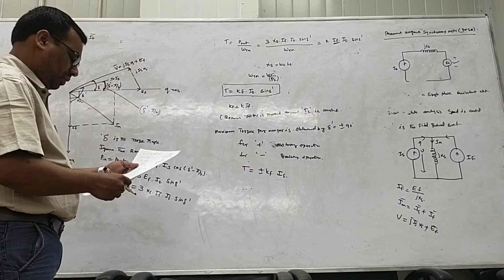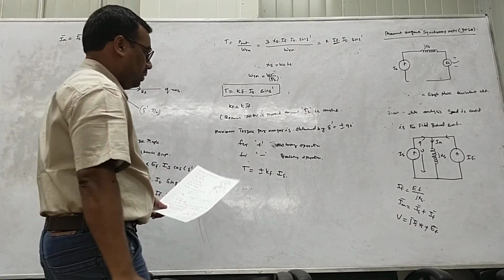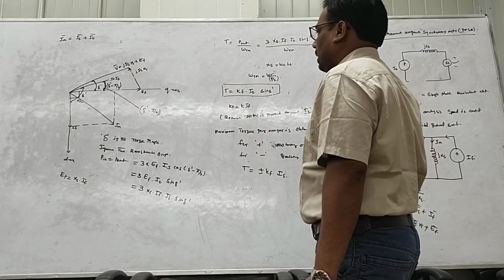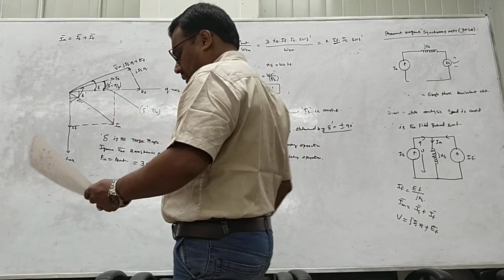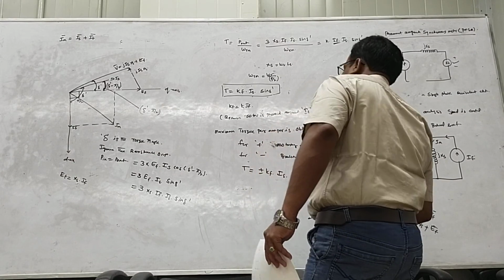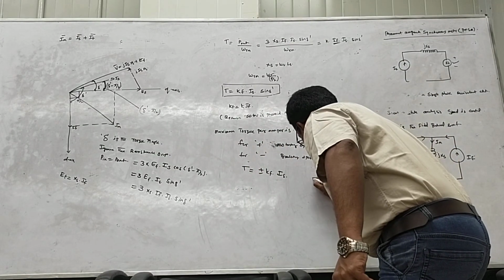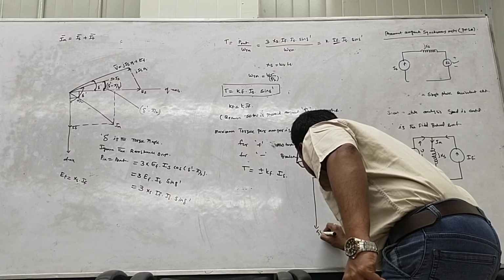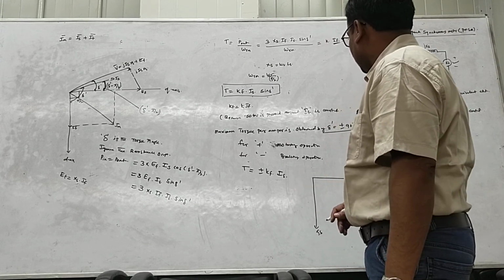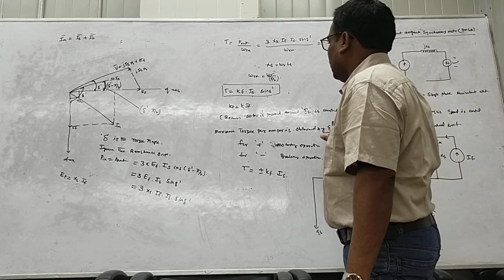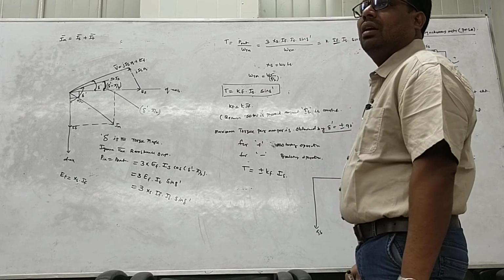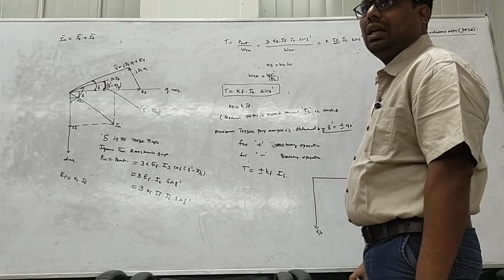For example, to obtain the maximum torque, what will be your phasor diagram? So if you see here, this is your field induced EMF, and this component is the field current component, If. The angle delta dash is the angle between the field current and the stator current Is.